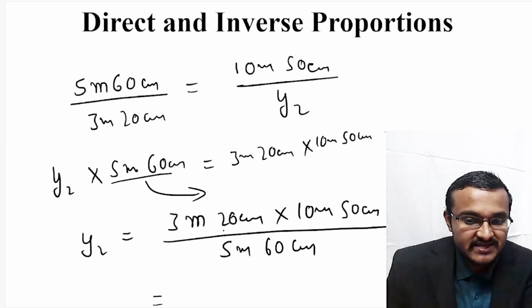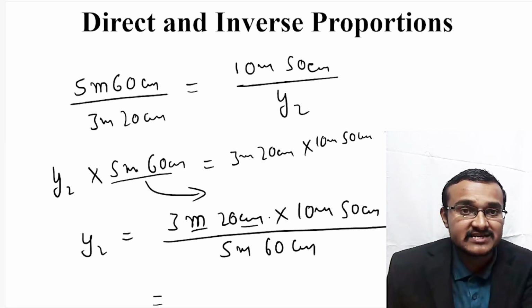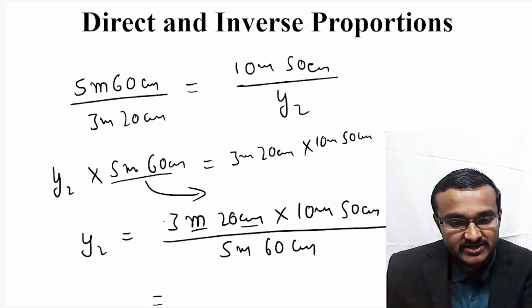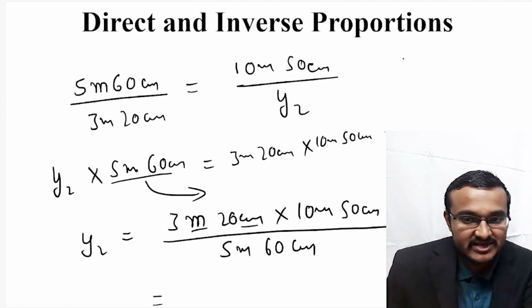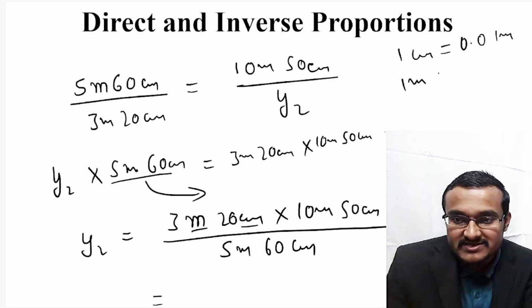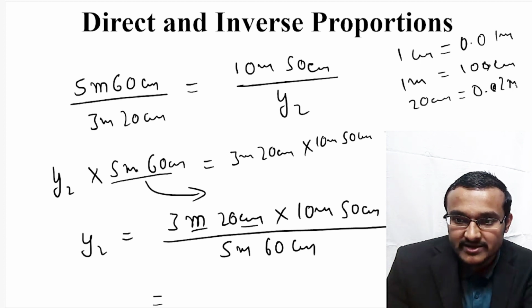Here you should see one is given in meter and one is given in centimeter, the total length. Now you should convert that to one single SI unit. So always remember 1 centimeter is equal to 0.01 meter, or 1 meter is equal to 100 centimeter. So now 20 centimeter is equal to 0.01 into 20, that is equal to 0.2 meter.